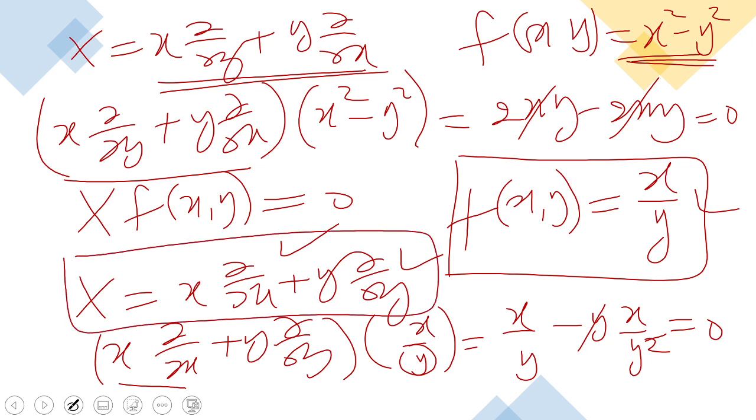This operator generates a symmetry transformation for this function, or say what we studied, Xf equal to 0. So that means this is invariant under the given operator. So these are some examples of the function and its generator.